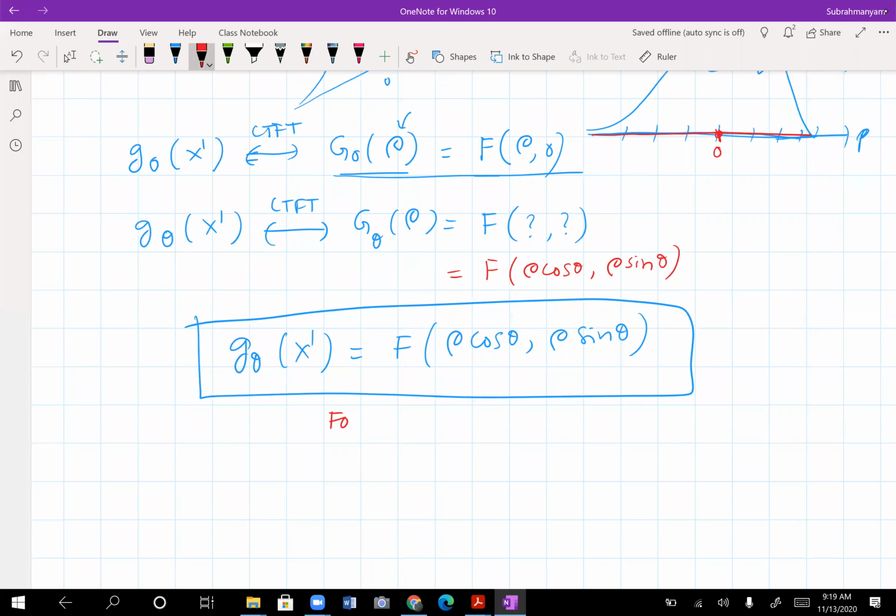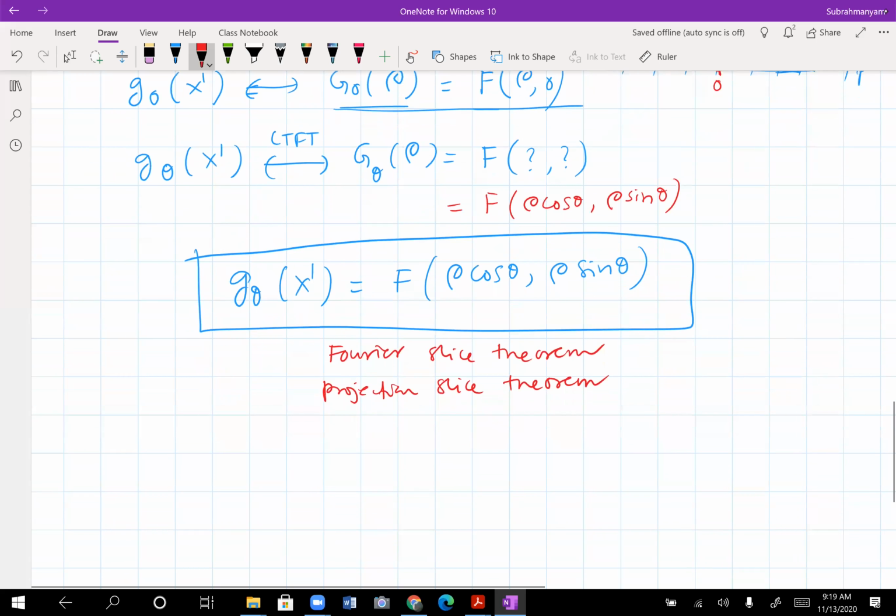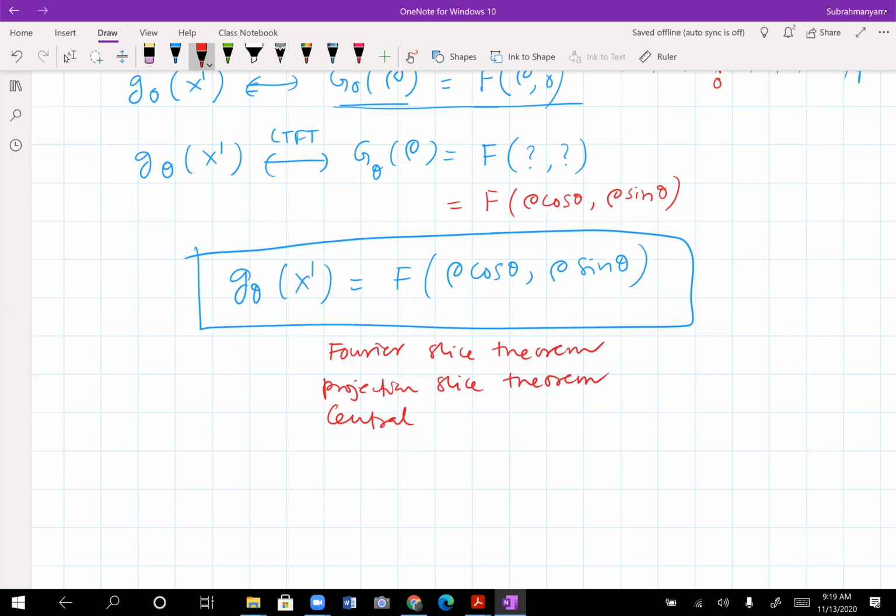This is called the Fourier slice theorem. The other names are the projection slice theorem, and the central cross section theorem.